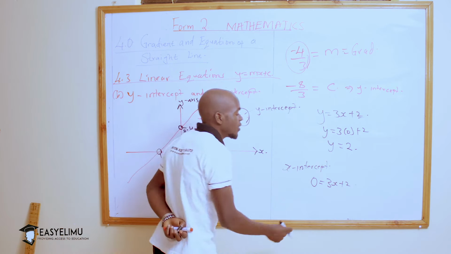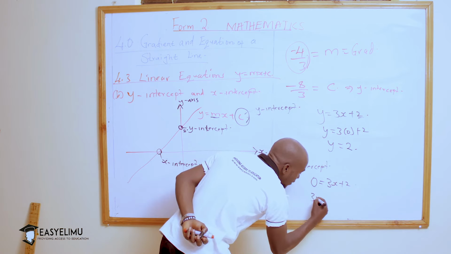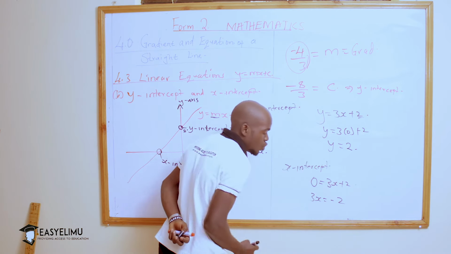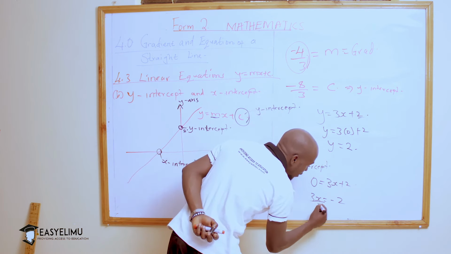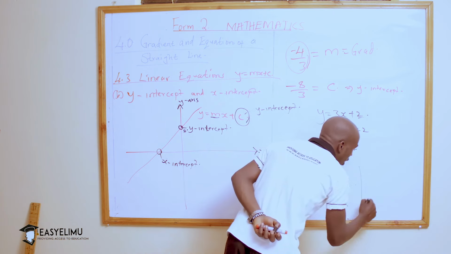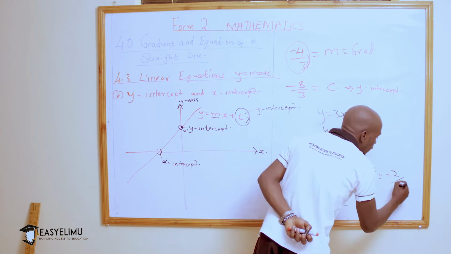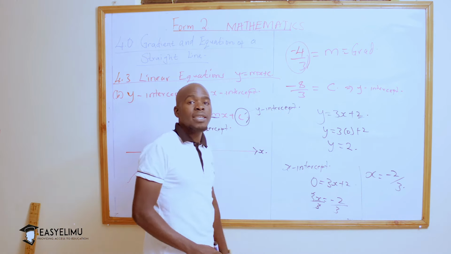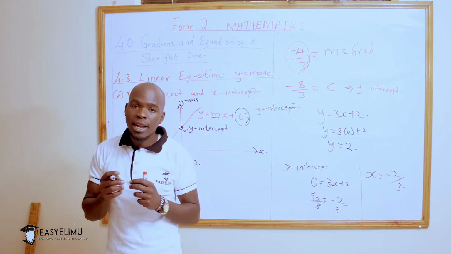You will find that 3x equals negative 2. If you want the value of x, you divide both sides by 3, and you will find that the x-intercept, according to the equation, is equal to negative 2 over 3. So that is how we determine the x and y-intercept of a given line.